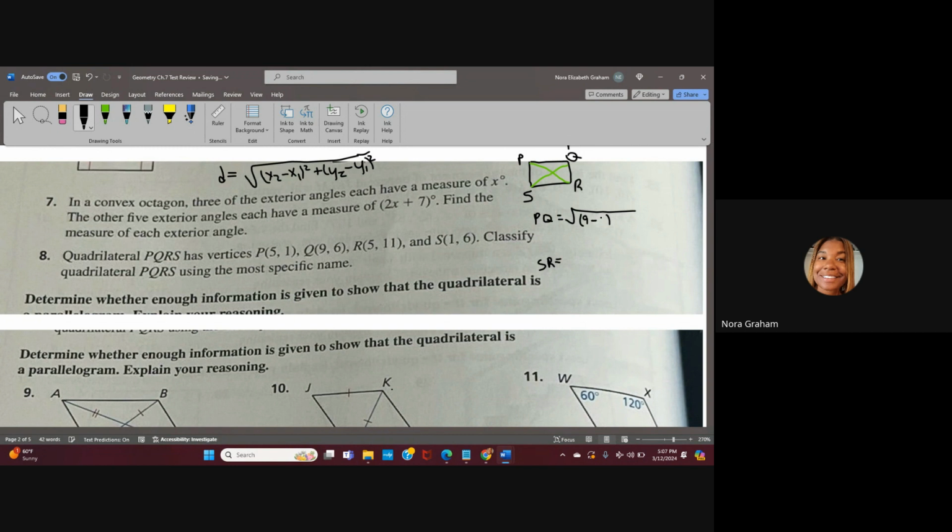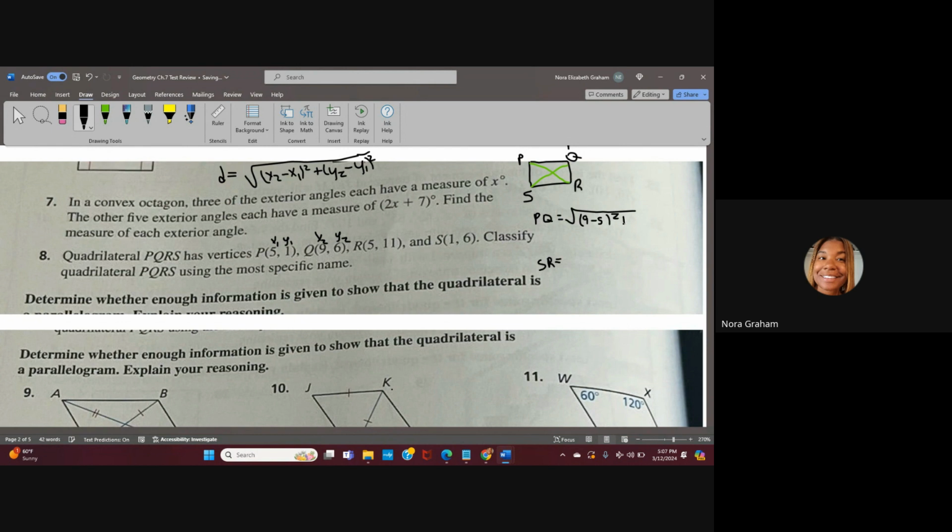If you have to annotate as well, for those of you who aren't really strong with coordinate points, that's fine. You could annotate if you have to. Okay, like I did with this one, just so you guys can know. So x sub 2 minus x sub 1, right, squared.